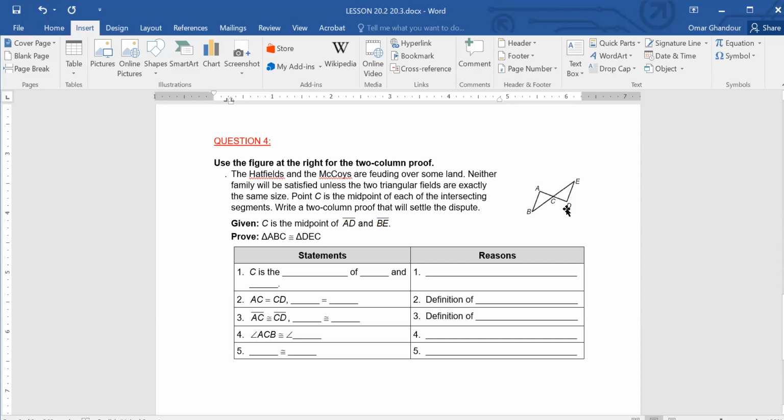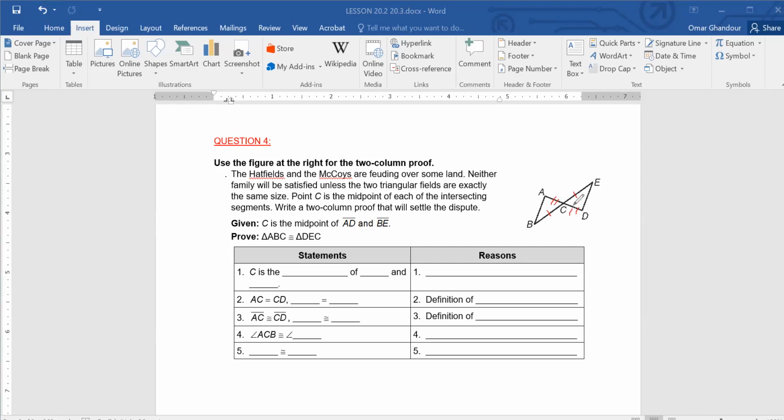What does he mean? Let me increase the size. Point C is the midpoint of the two intersecting segments. Where are the two intersecting segments? AD and BE are the two intersecting segments. If C is the midpoint of both, he means that this side is equal to this side, and that this side is equal to this side.